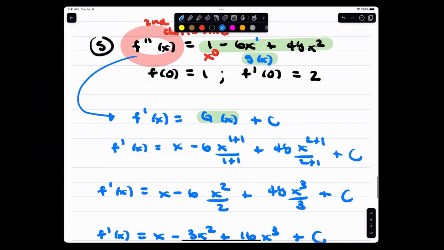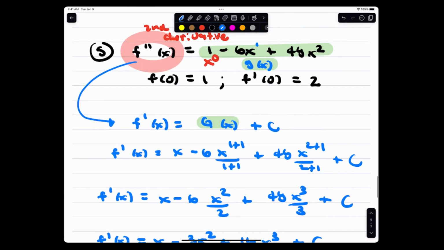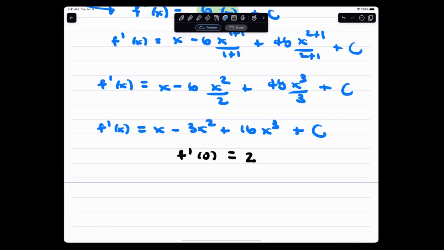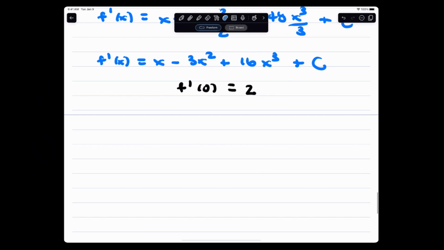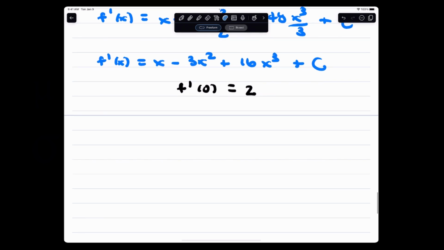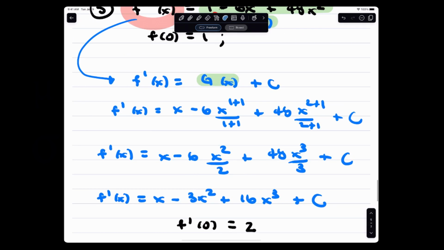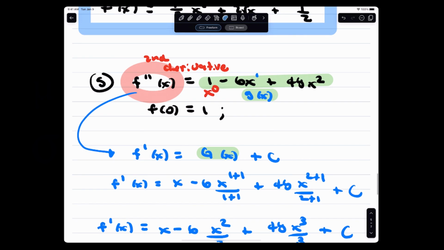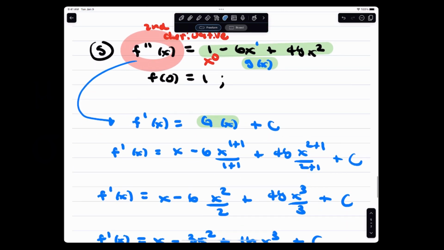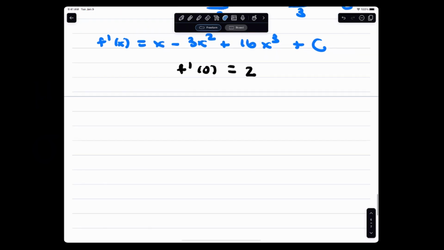And then you might say, but Mr. Judge, they gave me 2 conditions, right? I'm going to say you're going to have to use this one. Does anybody know why you got to use that condition? Yeah, because you have a first derivative now. You don't do f of 0 as 1, you don't have an f function yet. So this is the condition you apply.